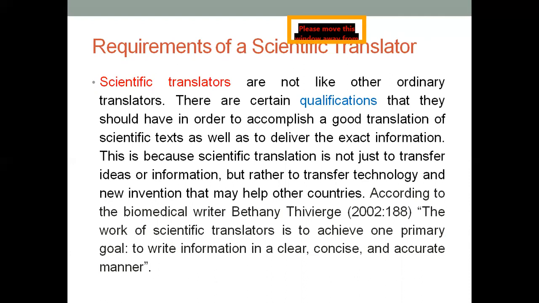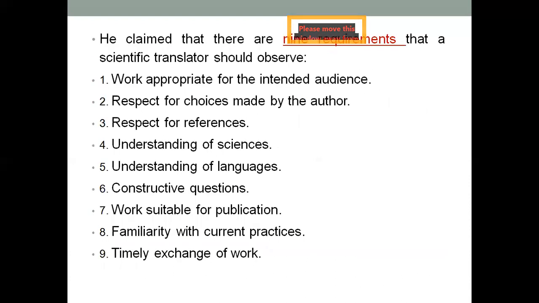So scientific translators should be knowledgeable, should understand the new theory well, should have enough knowledge about the new invention or the new discovery before translating it into the target text. So the main requirement of the scientific translator is to be knowledgeable of the new invention or the new discovery.